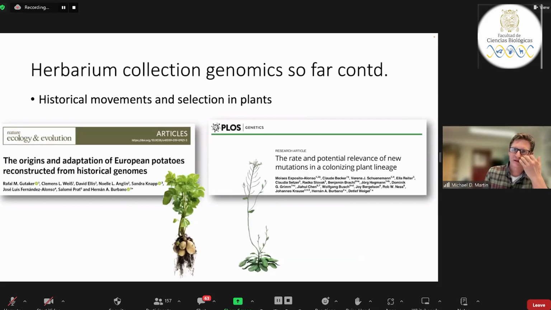The biggest veins of research with historic herbarium genomics have been coming from a really good group that's situated in London, the Hernan Barbano group.